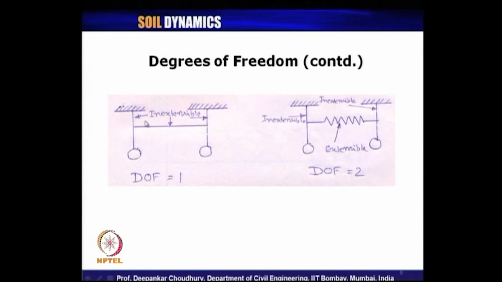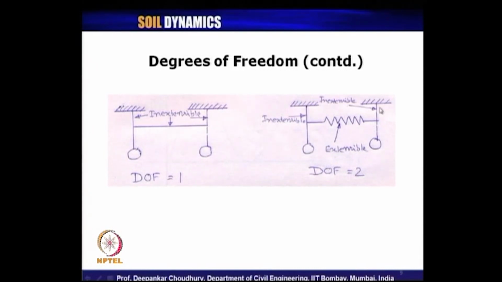As all these are inextensible, whatever theta angle this pendulum will make, the same angle it should maintain for this pendulum as well, this connecting rod being a rigid one. So, this problem is nothing but a single degree of freedom problem, because the number of minimum coordinates required to define its position is 1.